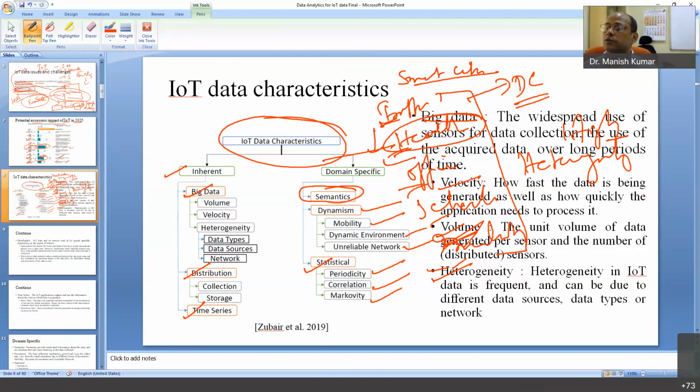These individual hospitals might have their own environment or own network, where they are using their own set of software or network protocols. So there will be heterogeneity within the hospitals as well. Okay. So heterogeneity in data is frequent and can be due to different data sources, data types, and networks, as I told you.